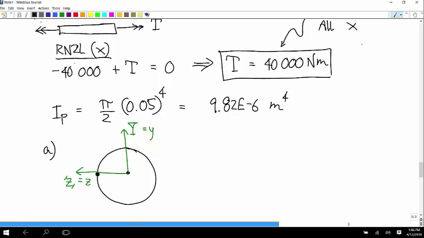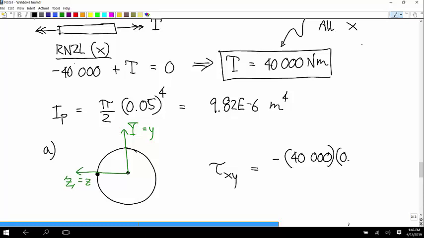So tau xy is negative 40,000 times the distance from the centroid to the point of interest.